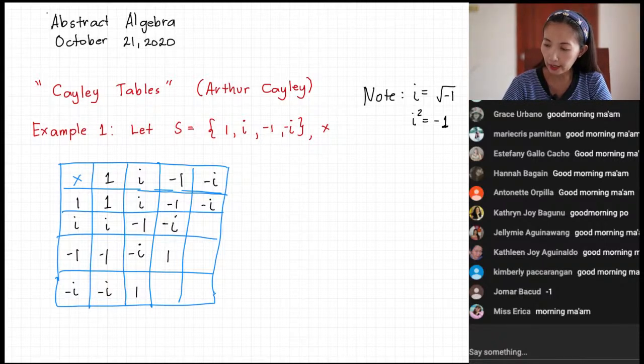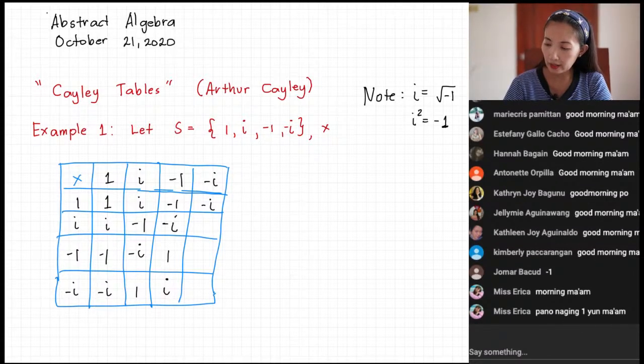Next, negative i times negative 1 is positive i. And then, last column, negative 1 times negative i is equal to positive i. Positive i. Next, negative 1.